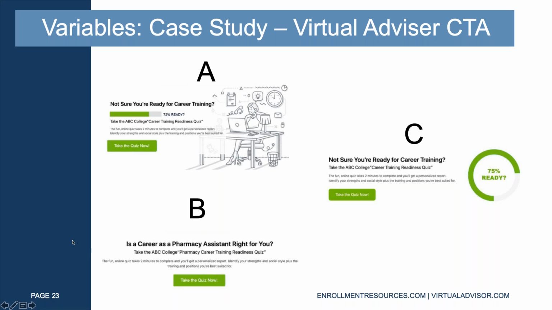The idea was, if we're more specific to the career or program being offered, is that going to improve things? Or C, "Not sure if you're career training ready? Take the ABC College Career Training Readiness Quiz," with the little percentage ready graphic. Now, Tom, I don't think you've seen this slide yet.